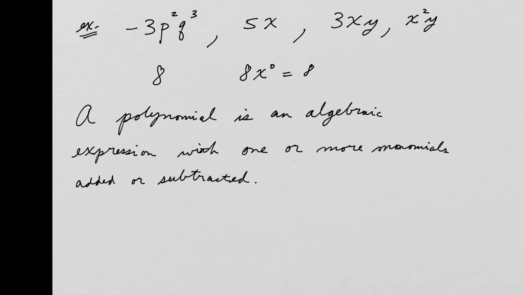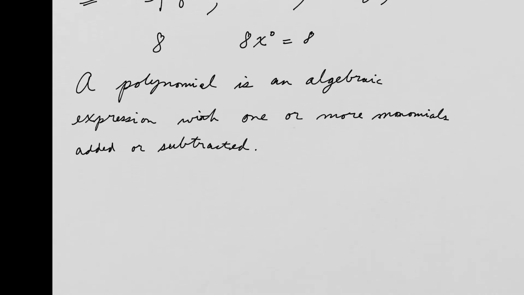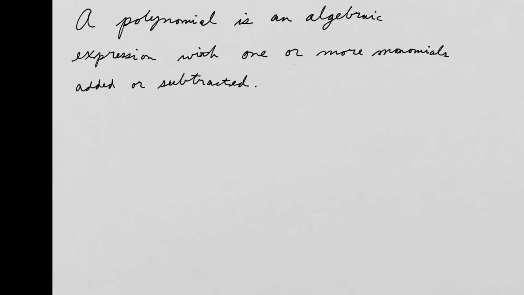So again, what does that mean? Well, let me give you some examples. So here's an example of a polynomial. Say 2x squared, right? So that's a monomial, minus 5x, I'm subtracting another monomial, plus a constant, which again is another monomial. So a bunch of monomials that are added and subtracted together form what's called a polynomial.